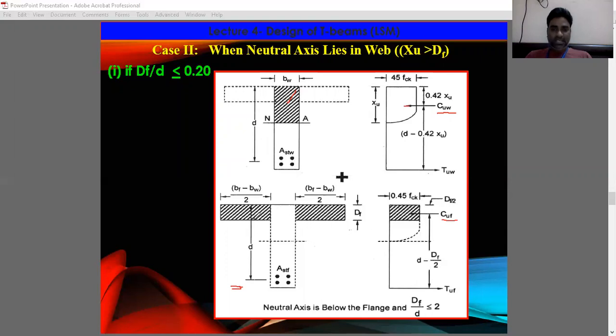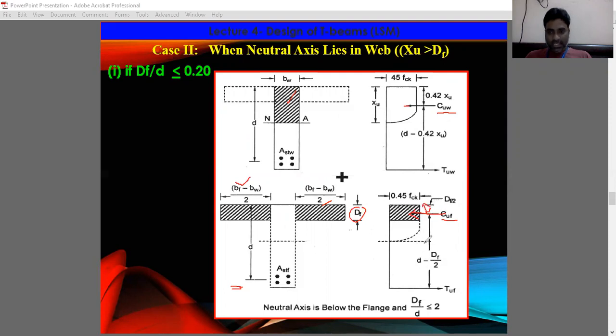See, here it is divided separately. So this is (Bf minus Bw) by 2, (Bf minus Bw) by 2, right? The area of this one is (Bf minus Bw) into Df, and within this area the stress is constant, that is 0.45 fck. And the centroidal distance from the compressive force to the tension force, in this case, is d minus Df by 2, because it is a rectangular portion, it will act at a distance of Df by 2 from here.